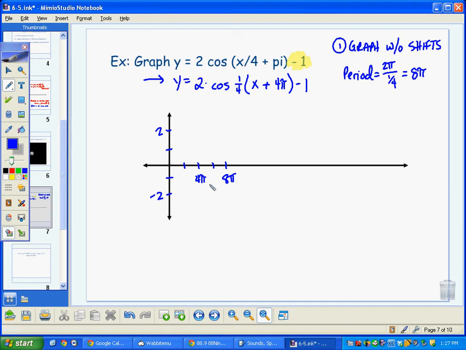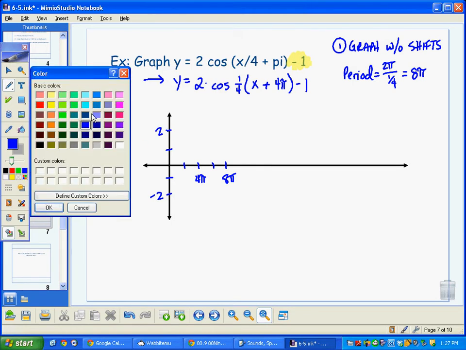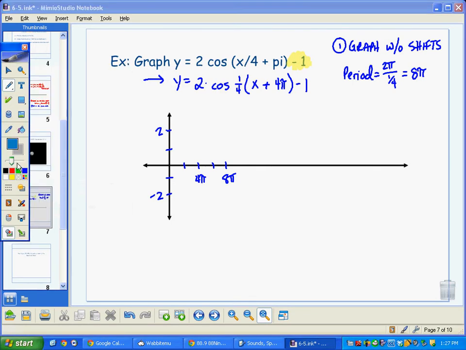And then from there, I see, all right, well, this is the cosine function, which starts in the up position. So I'll grab a color here. Starts up, right here. Then 0, down, 0, up, and those will be my points if I'm not including any of the shifts.